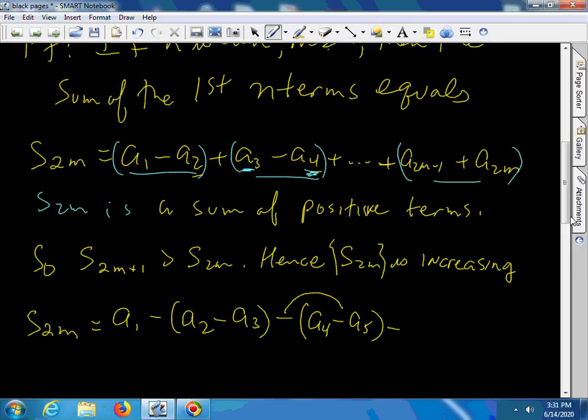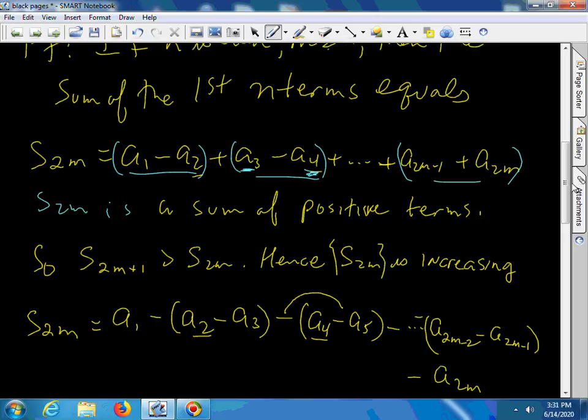And this goes all the way down to the end. Now notice what's in the bracket. The first term in the bracket is an even term. So we're going to have a2m minus 2 minus the next term a2m minus 1, and then minus a2m, minus a2.